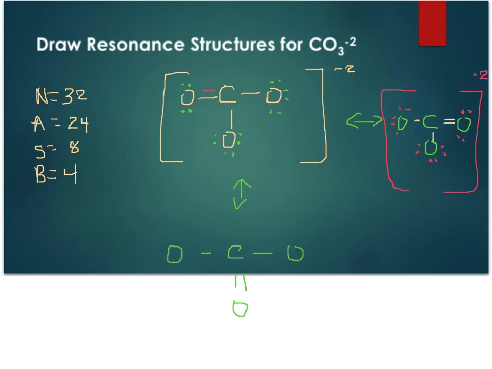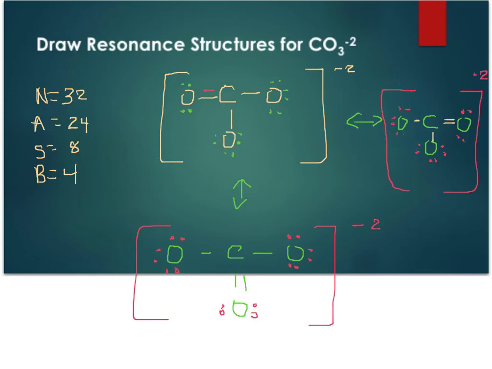So you see in all 3 structures, what we've done is that we've changed the position of the double bond. Now it's still the same thing, but what's changed is the position of our double bond.